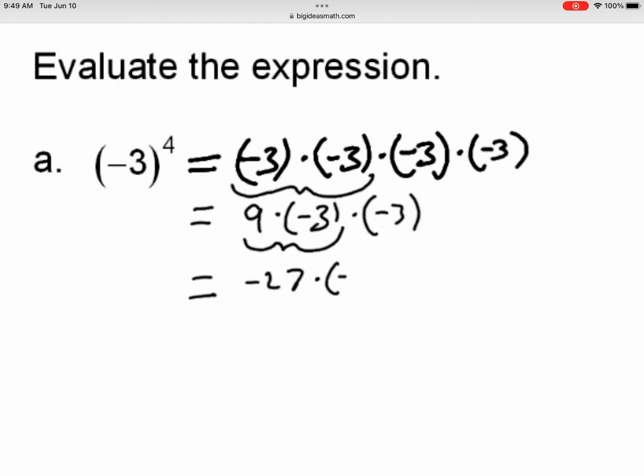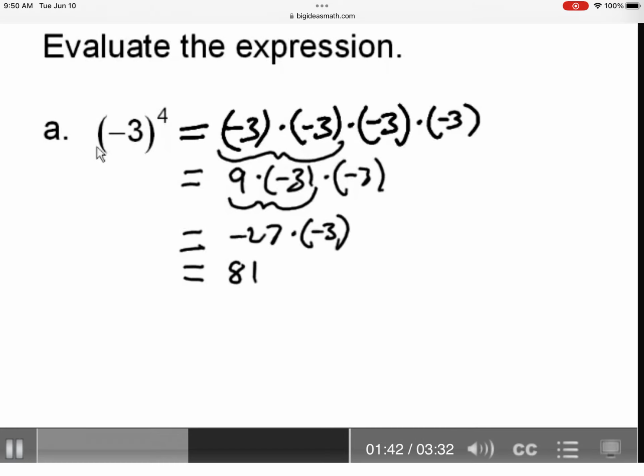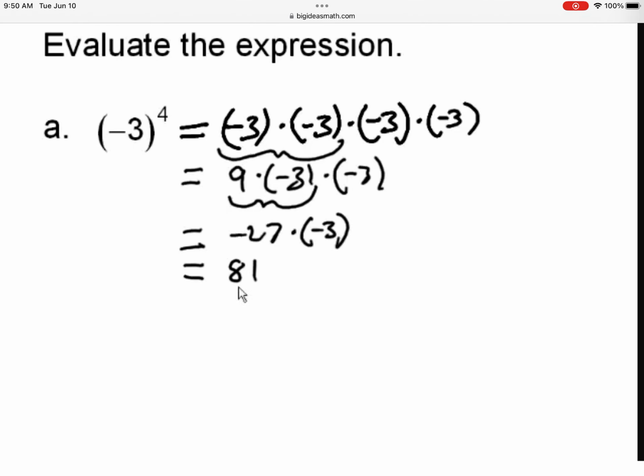And pull down the other times negative 3. And negative 27 times negative 3 is positive 81. So the value of negative 3 to the fourth power is 81. And that's the answer to part A.